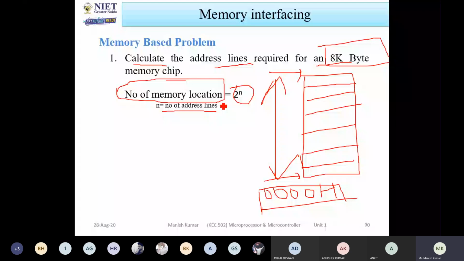So now the question is asking, calculate the address lines. So how can you calculate the address lines? For calculating the address lines, the size of memory is 8 kilobyte. Okay, 8 kilobyte.